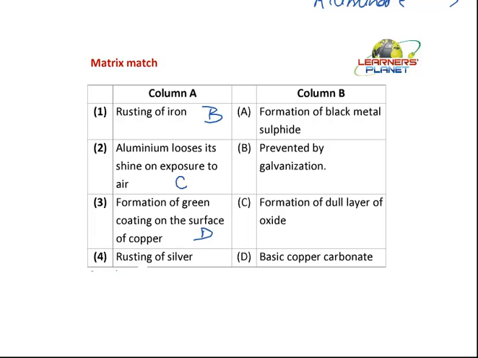And rusting of silver is due to the formation of silver sulfide. So these are the concepts actually. There is no logic behind it. Iron forms hydrated oxides, aluminium forms aluminium oxide, silver forms silver sulfide, copper forms basic copper carbonate. So you can't put any logic here. You have to remember this. That's it. Now let's move to our next question.